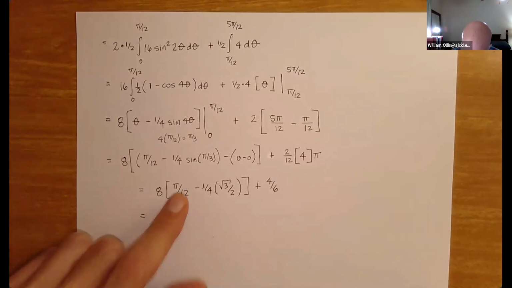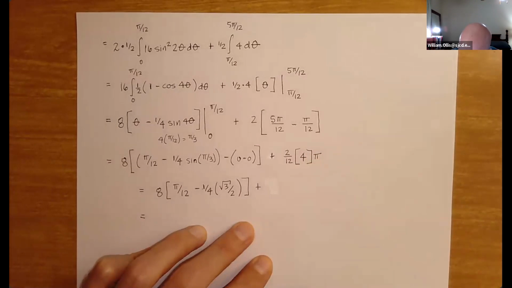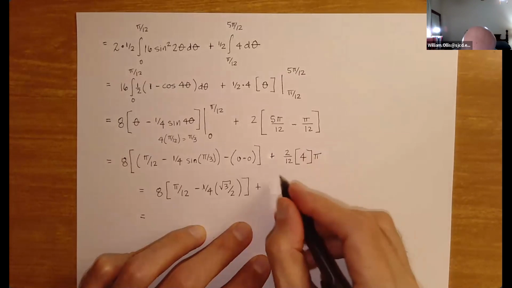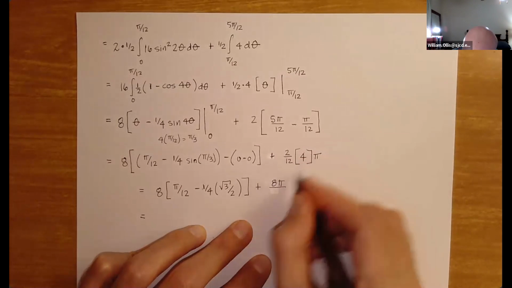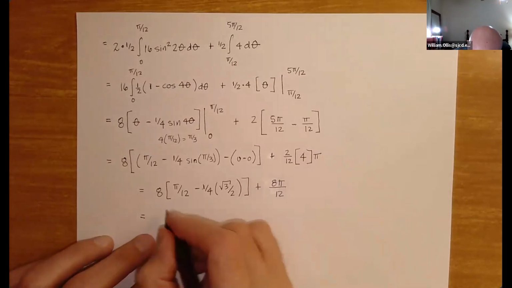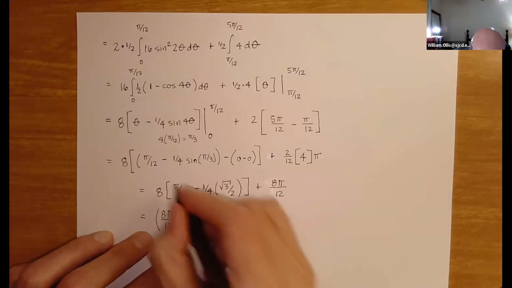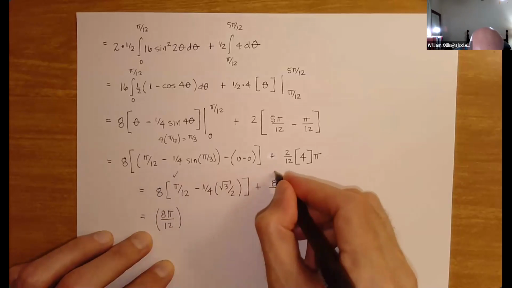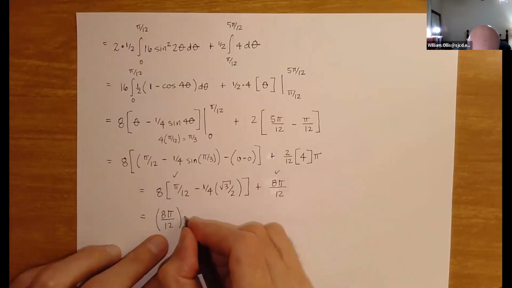Do extra work and see if that'll make it easier. So let's just write that as an 8 pi over 12. So we've got one here and one here. So we've got 2 copies of that. So this will be times a 2.